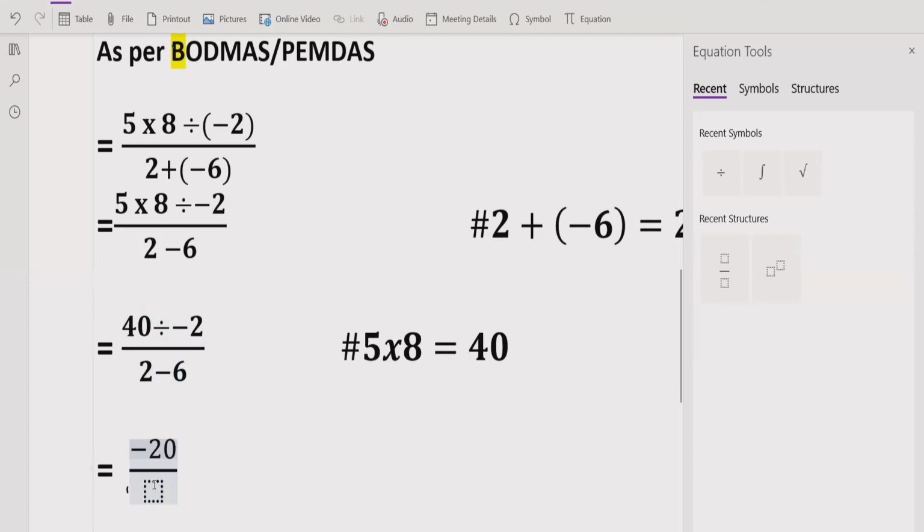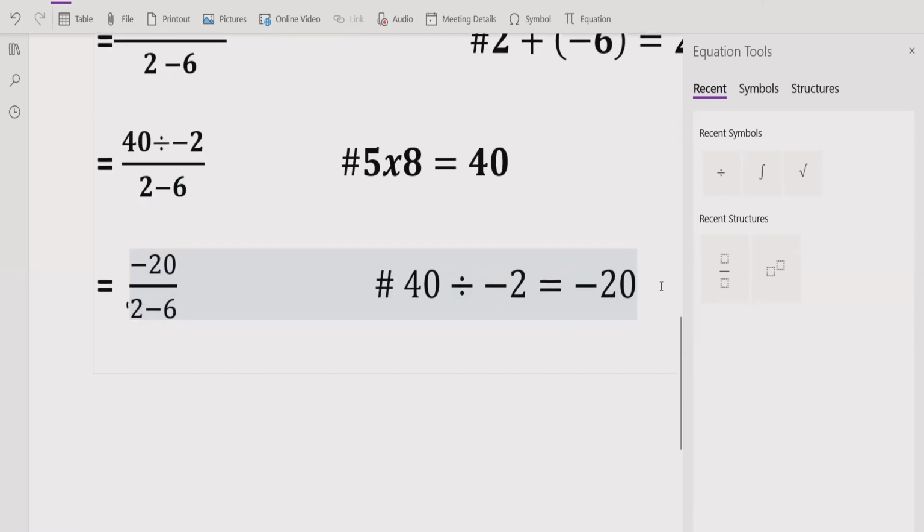And in the denominator, we have 2 minus 6. So here we will write the expression 40 divided by minus 2, which becomes minus 20.